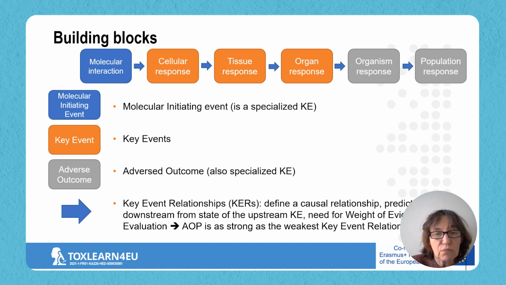In addition to the molecular initiating event and the key events, you have your final building block, which is your adverse outcome, which can be either at the organism level or at the population level. In between these building blocks are the key event relationships. They are the causal relationship from when a downstream state of a key event will change an upstream key event.